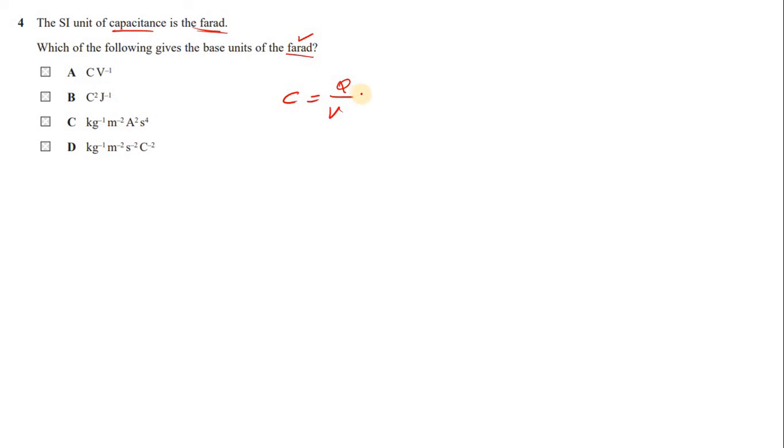So the unit of charge is coulomb per unit of voltage. Remember the basic definition of voltage: voltage is defined as energy per unit charge. So joule per coulomb, or J C inverse, is the unit of voltage, which is in fact volt.